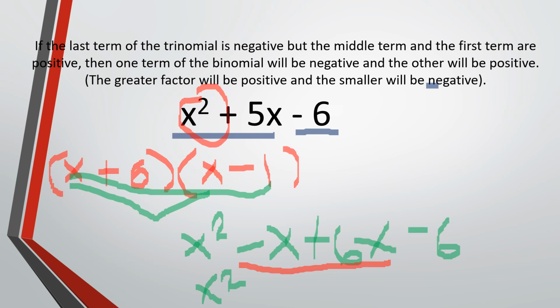The bigger is 6, so we copy the sign, which is positive. We subtract: 6 minus 1 is 5. Then the variable x, and then bring down 6. Which means our answer is correct.